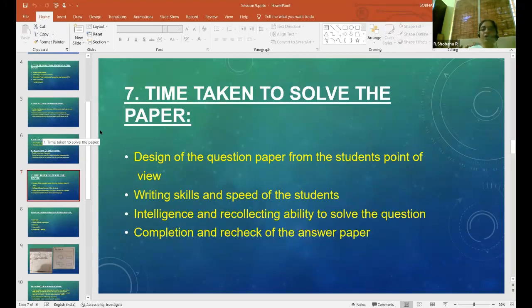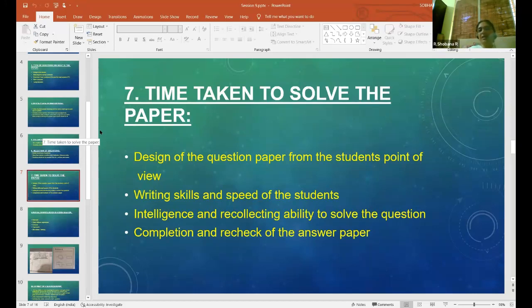So the level of question paper we would give in a normal scenario would be different. Now it definitely has to be scaled down, because the writing skill and the speed of the students after all these online sessions have definitely come down. We need to consider that as well, along with intelligence and recollecting ability to solve the question.